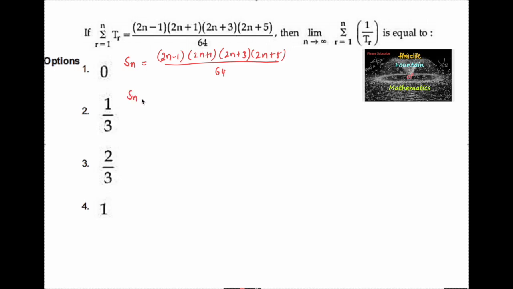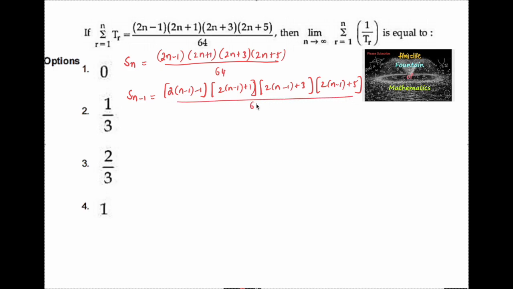For this we need to find Sn minus 1. So we can write (2 times of n minus 1 minus 1)(2 times of n minus 1 plus 1)(2 times of n minus 1 plus 3)(2 times of n minus 1 plus 5) divided by 64.